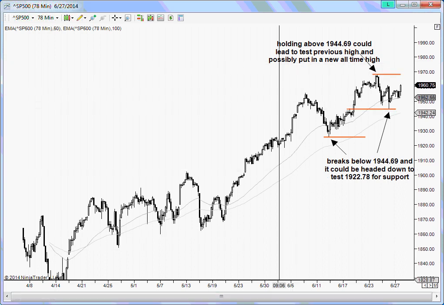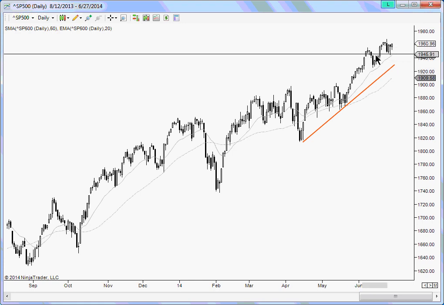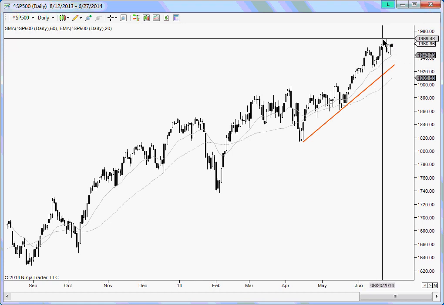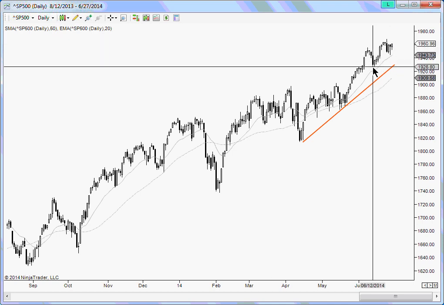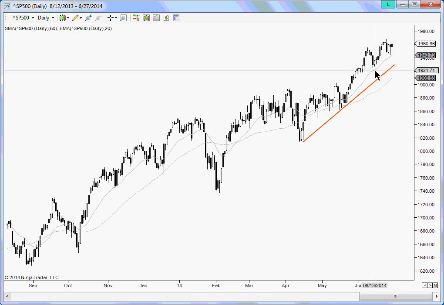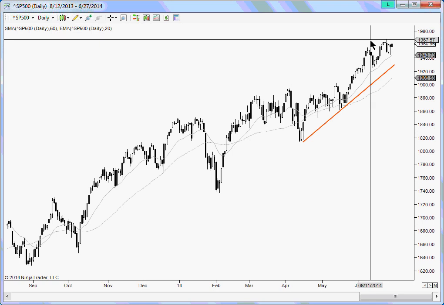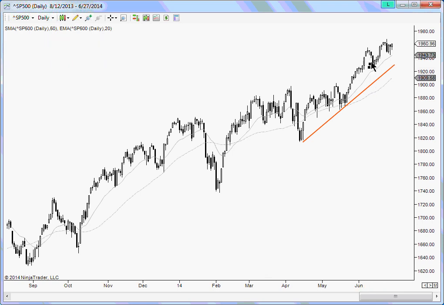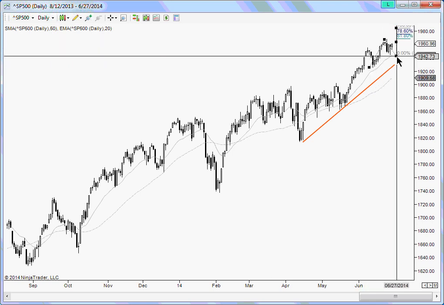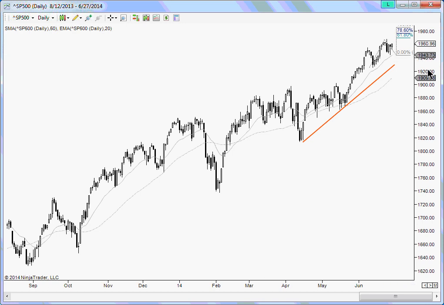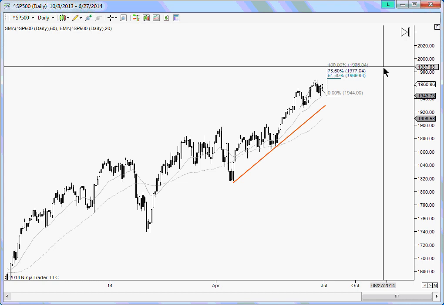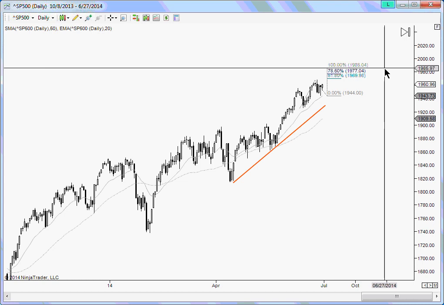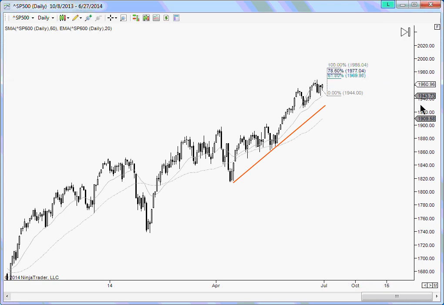If we look at the daily chart here, you can see that if we want to put a little bit of a major move and take a look at this particular symmetry, we could project this to be somewhere around 1986, or so, close to 1985.